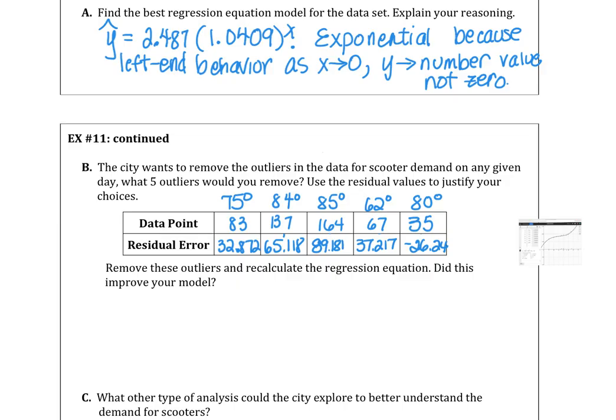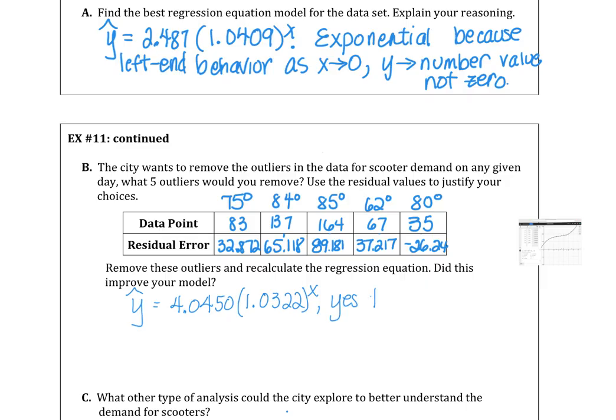If you go back and remove those outliers and recalculate the regression equation, did it improve the model? Well, after I did all of that, my new y hat equation turned out to be 4.0450 times a base of 1.0322 to the x power. And yes, it did improve the model because the errors are closer along the y hat equals 0 line now.